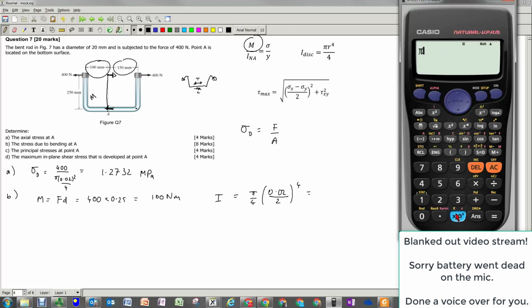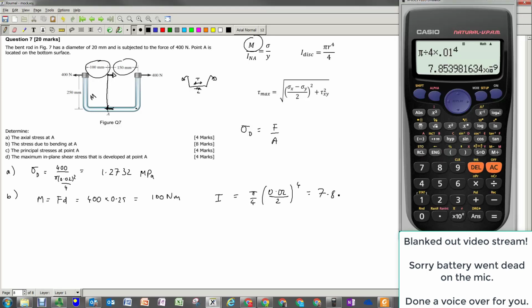So we want to do pi divided by 4, and then 0.02 divided by 2 will be 0.01. So let's raise that to the power 4. And okay, that gives us the I value, and we are working in meters there, so that will be meters to the power 4.